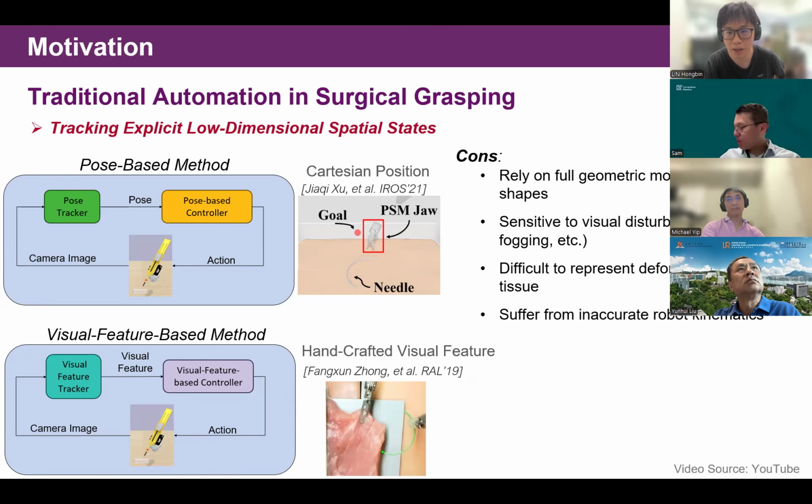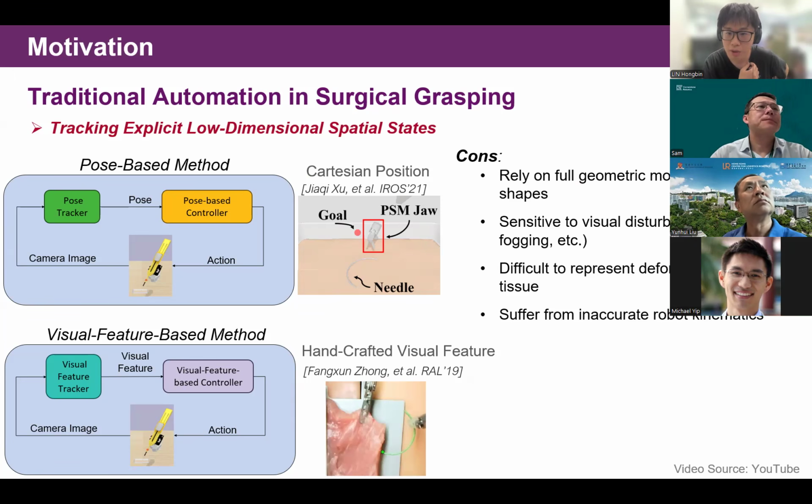First, they often rely on geometric models and assume shapes, which limits the generalization to unseen objects and introduces bias. Second, the state estimation is sensitive to visual disturbance, including occlusion, fogging, and blur. Third, with low-dimensional states, they struggle to represent deformable object configuration.